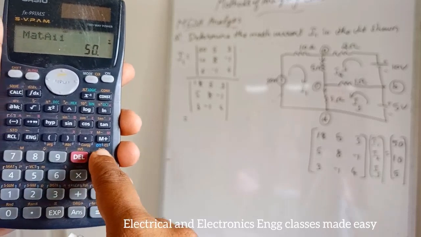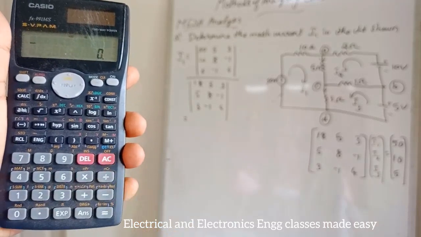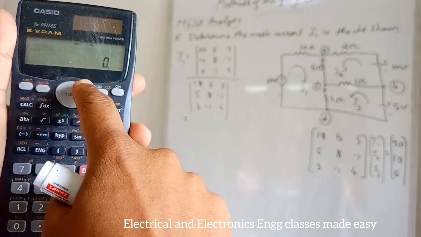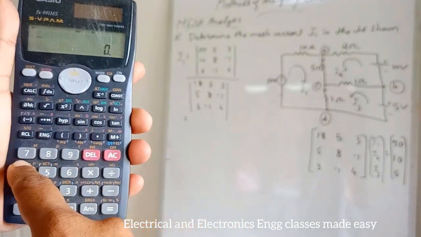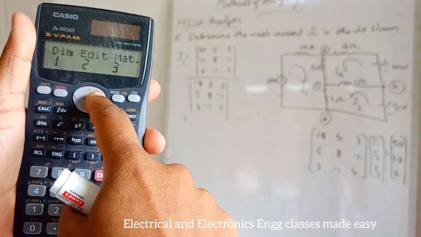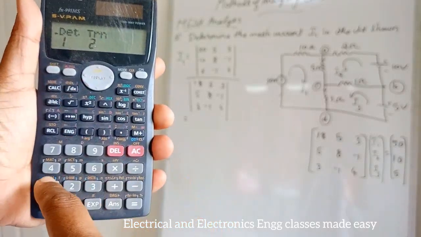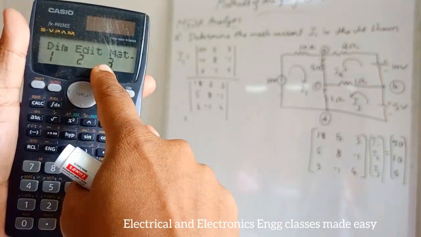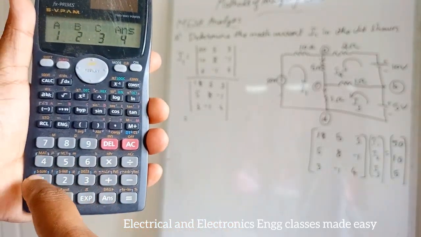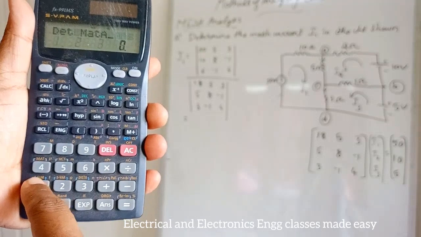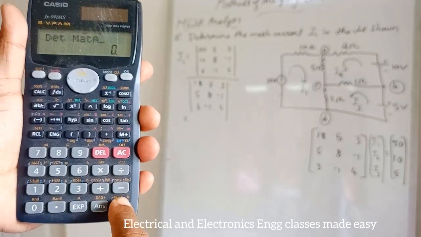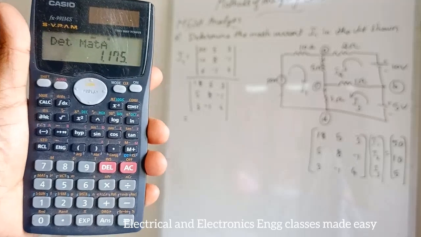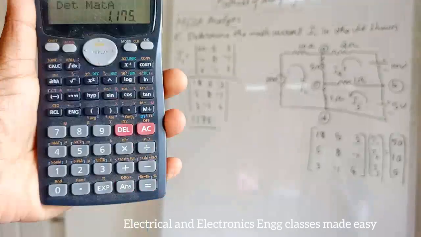Now press this one. Now to find the determinant, shift, matrix, determinant, again shift, matrix 3, the matrix A, then equal to, it is 1175.